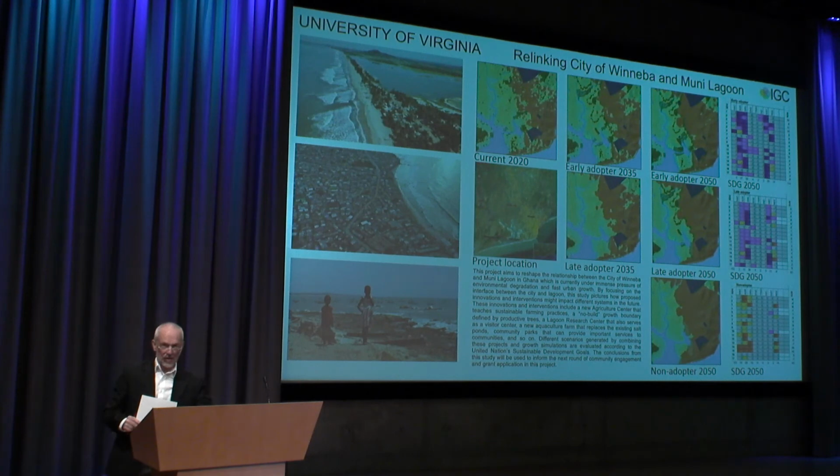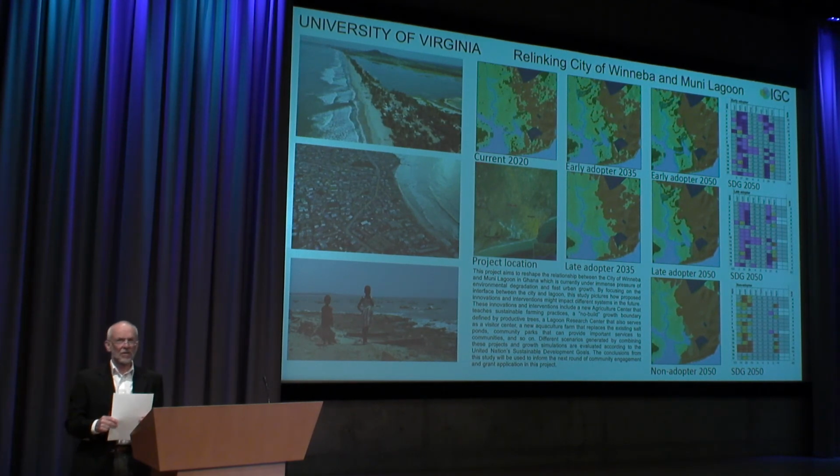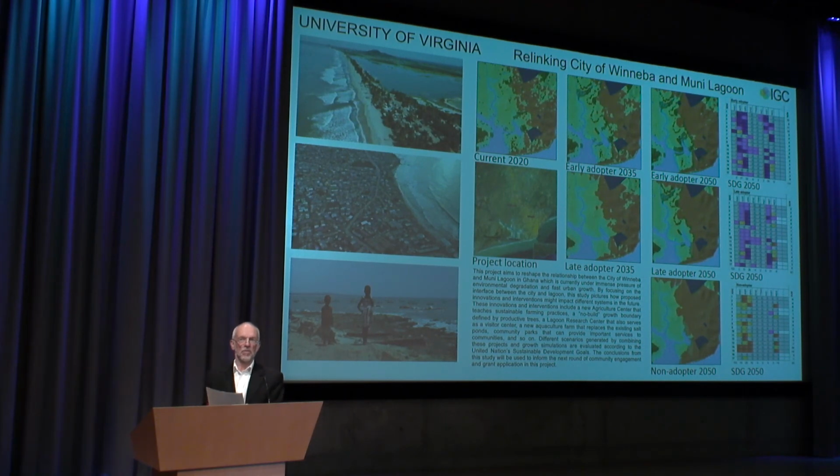Okay, our next presenter is Guoping. Sorry, for the presenters, let me just reiterate the sequence because there are a couple of changes here. Rhode Island School of Design we've just heard from, University of Virginia is next.